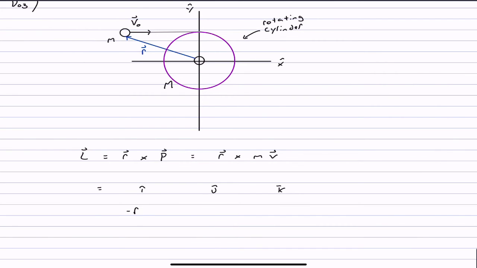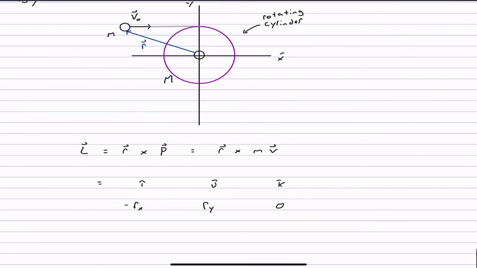It's actually in the negative x hat direction, negative x hat, and then we have a y hat component, going upwards in the y hat direction. We have nothing in the z hat direction as far as we can tell from the diagram.